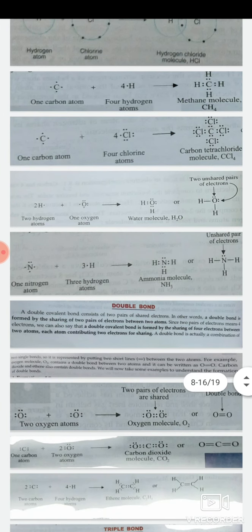So 2 hydrogen atoms pair with the unpaired electrons, and this way there is a single bond between hydrogen and oxygen, right? Here you can see 2 unshared pairs of electrons. These lone pairs or unshared pairs of electrons we need to show. Whenever you draw this molecule, you have to show the lone pairs of electrons or unshared pairs of electrons.